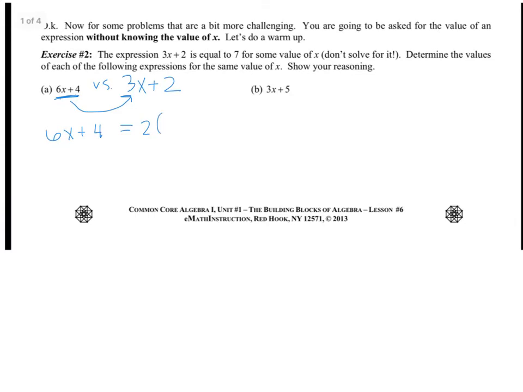So 2 times 3x plus 2. So these are the same, this problem, 6x plus 4, has just doubled the original problem. But we know that 3x plus 2 is equal to 7. So this is going to be 2 times 7. So 6x plus 4 is going to be equal to 2 times 7, which is going to be 14.